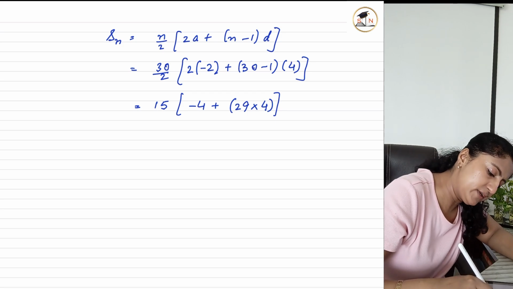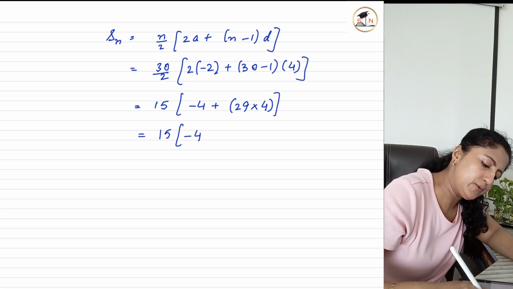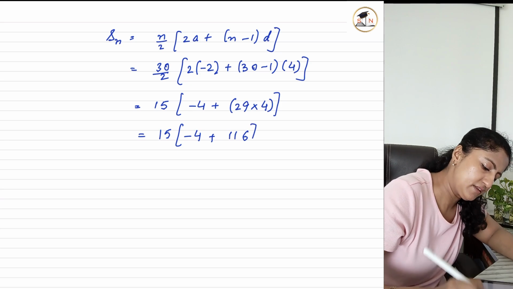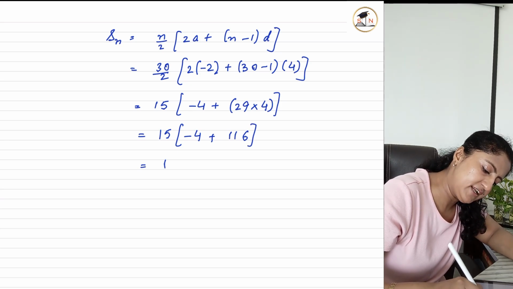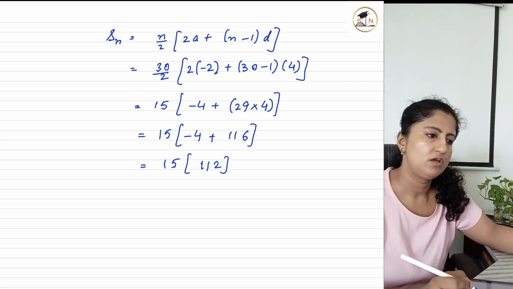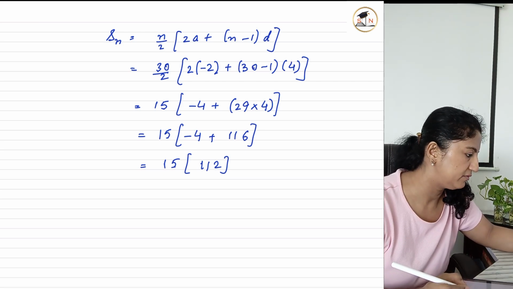right? Now what do we get? 15, negative 4, and 29 times 4 comes out to be 116. So what do we get over here? We have 15 times 112. And now we just need to calculate what is going to be 112 times 15.